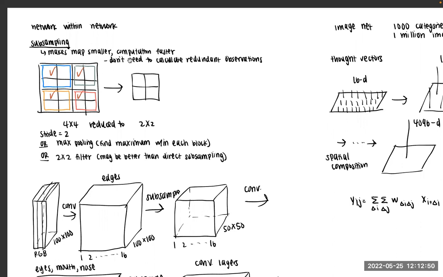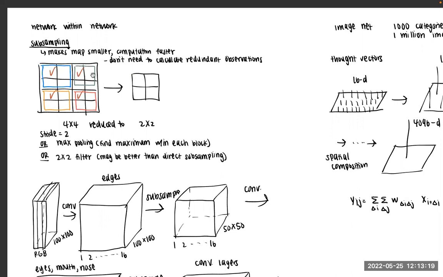For example, this is a 4x4 map. We can reduce this to 2x2 by subsampling with a so-called stride 2. So we take one value from every 2x2 block, and then we reduce this into 2x2. Sometimes we can also perform the so-called max pooling. That is, within each 2x2 block, we choose the maximum value and put it here.